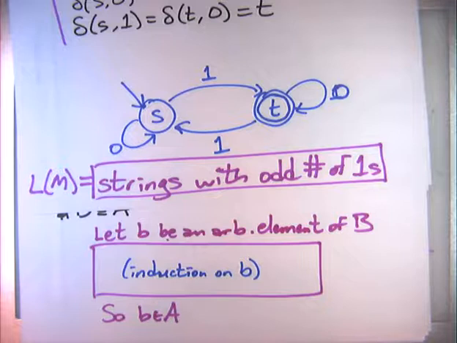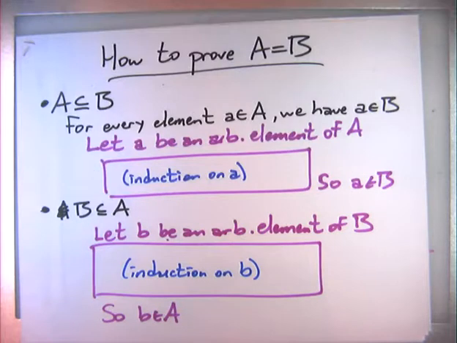What are my cases going to be? a is now going to be some string with an odd number of ones, and I want to prove that the machine accepts it. I'm going to do induction on a. What that means is I'm going to look at the cases of the definition of a string with an odd number of ones. And that definition is it's either empty or it isn't. On the other hand, in the second line, I'm going to be looking at all strings that the machine accepts.